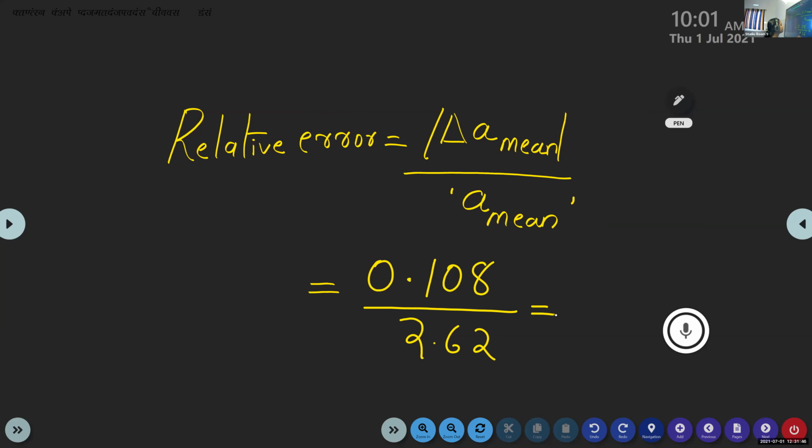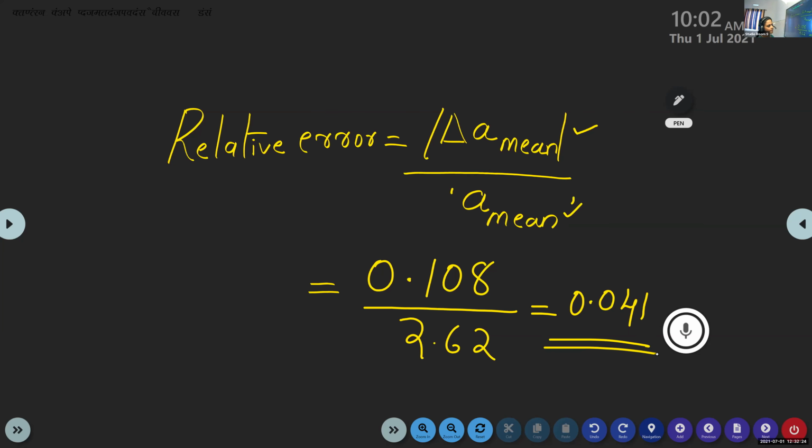Okay. So here the relative error is 0.108 divided by 2.62. That is the ratio of mean absolute error divided by the arithmetic mean of the measured values. So we get 0.041, right? Yes, ma'am. Okay. So 0.041 is the relative error.